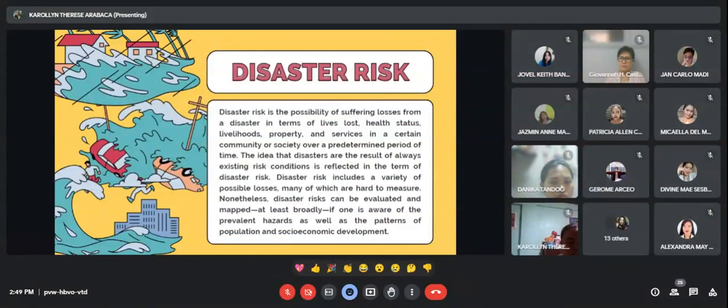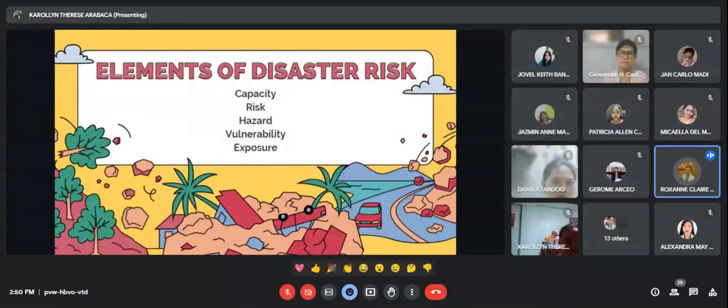So, pag sinabi naman po natin disaster risk, ito, may possibility that suffering may happen. Kasi may destruction or loss of lives, yung ari-arian, nagkakaroon din minsan ng casualties, and also yung mga business o yung livelihood because of a disaster.